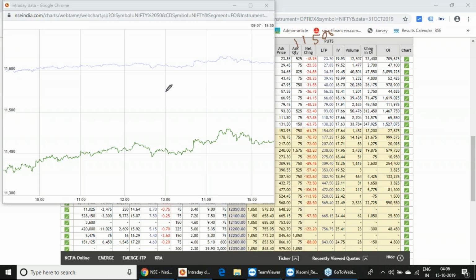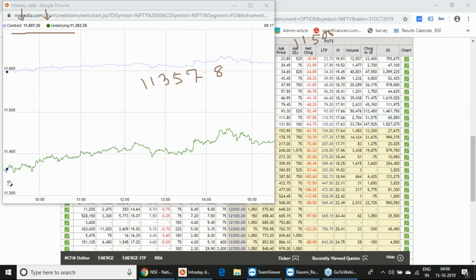So when Nifty spot was 11,357.8 at 9:15 in the morning, that time the call option was at this level. Here I have outlined and arrow-marked it. This is the spot price and the contract price you will find here.